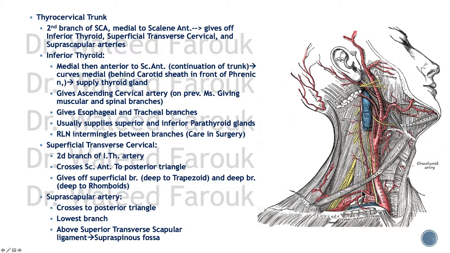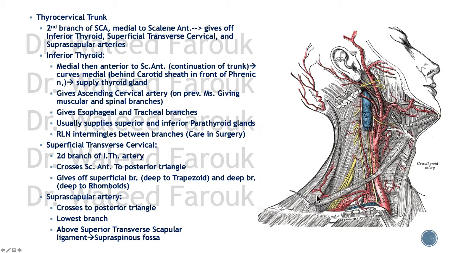The transverse cervical, or the superficial transverse cervical, also arises in the anterior triangle from the first part of the subclavian, crosses the scalene anterior muscle, so it becomes part of the posterior triangle, and it goes backwards, crossing the prevertebral muscles, where it divides into superficial and deep terminal branches.